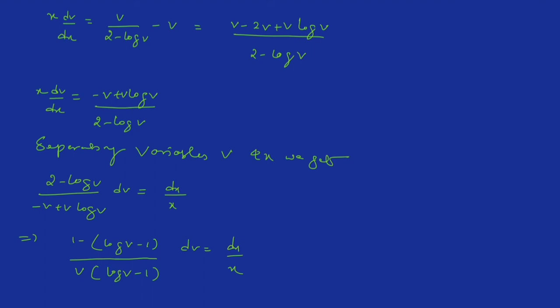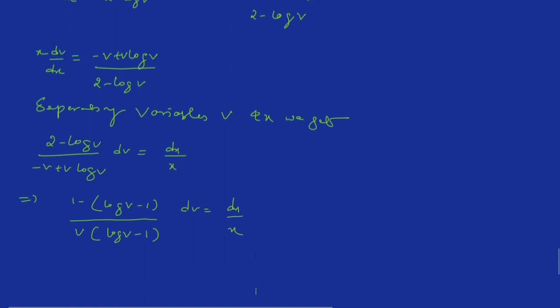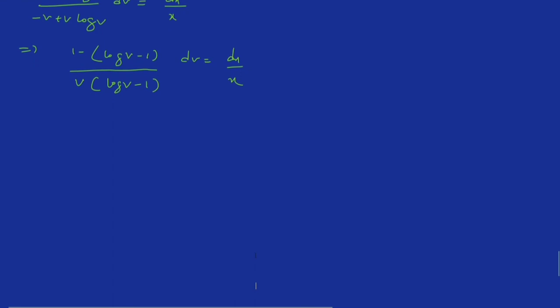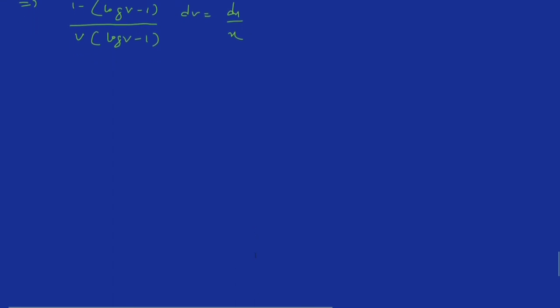Next, separate the denominator. We get 1 upon v(log v minus 1), minus 1 by v, dv equals dx upon x.